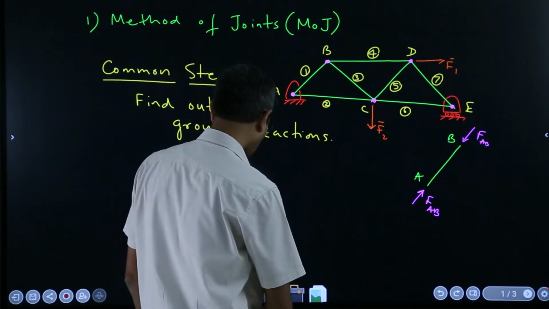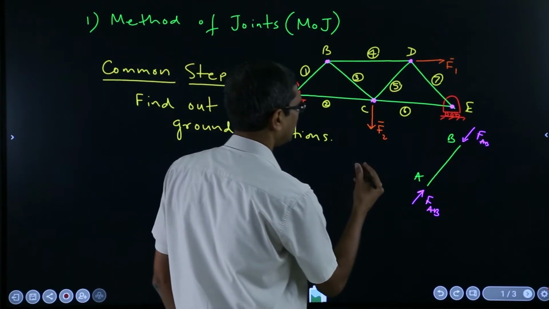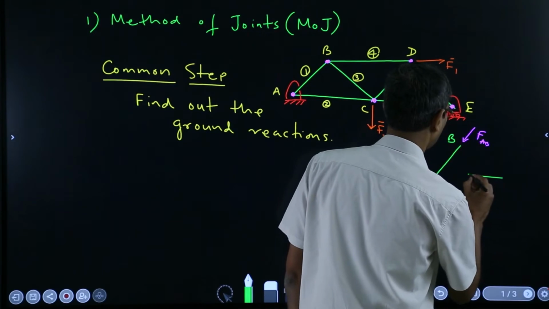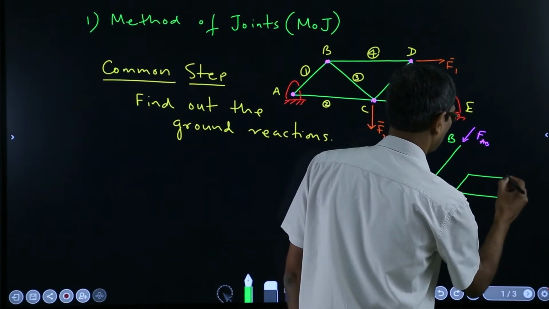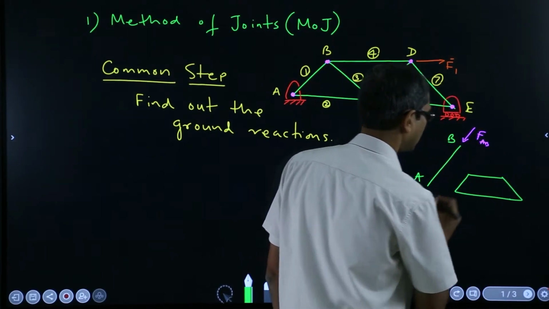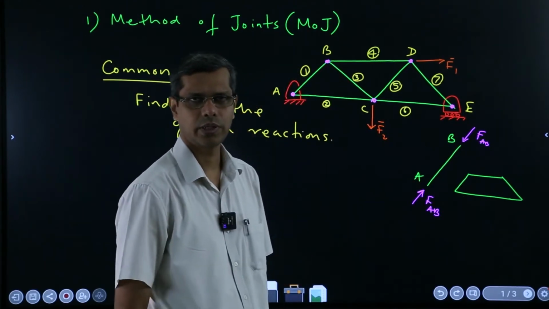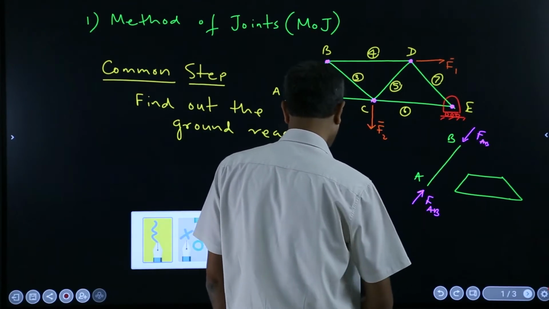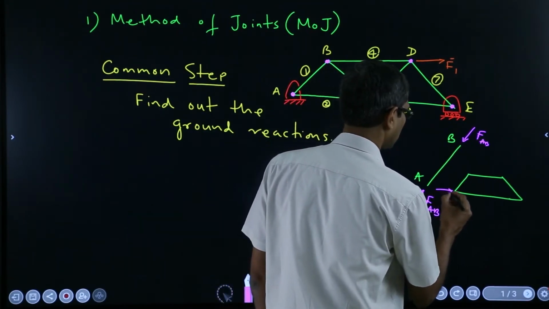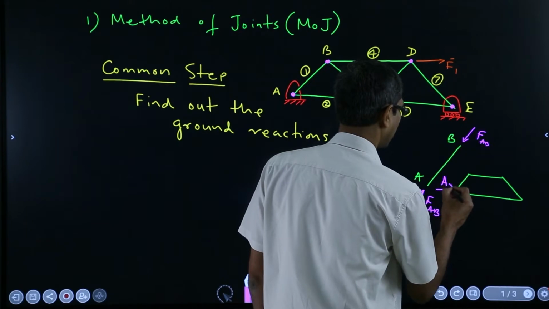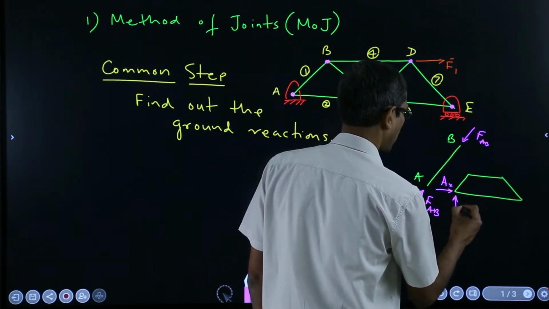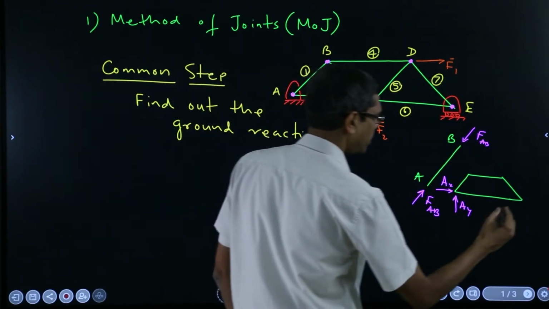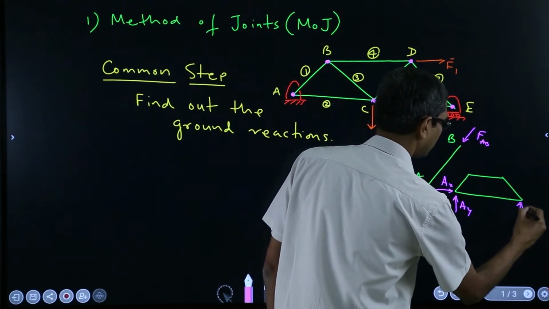Now, if I draw a reduced version of this, here I will draw the whole of the truss. I am just representing it like this as a solid rigid body, and then the forces, I will call this say AX and AY here at this junction or joint, and here say BY.